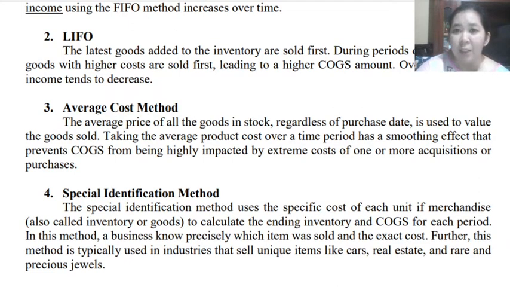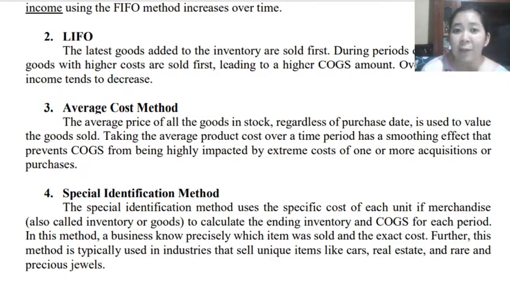Okay, and for the average cost method, what the entity will do is compute the average price of all the goods in stock. For example, the first item that was in stock has lower cost, and then they will add another, new item which has higher cost. The entity will add these prices and average them to get the average price of these goods. This is how it is done in the average cost method, and it is used to value our cost of goods sold.